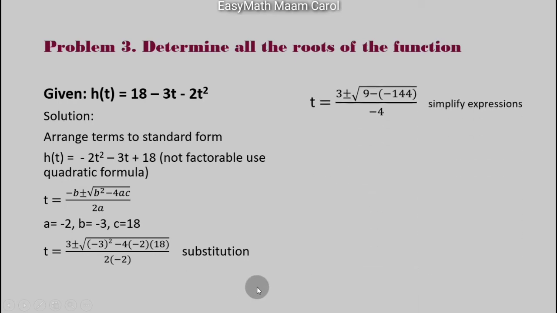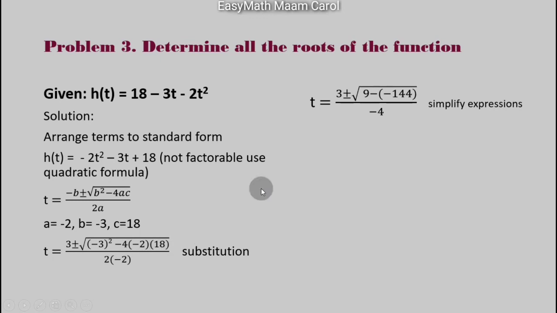So, by simplifying the expression, the 3 stays as is, and negative 3 squared is negative 3 times negative 3. It becomes positive 9. Then, the minus sign is an operation. So, we multiply these three first: 4 times negative 2 times 18.